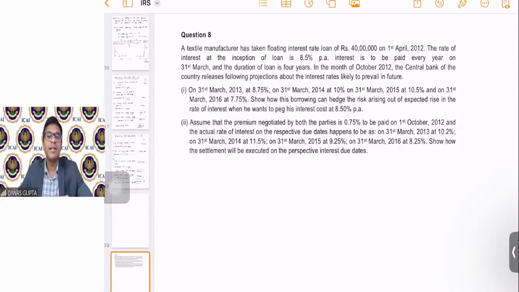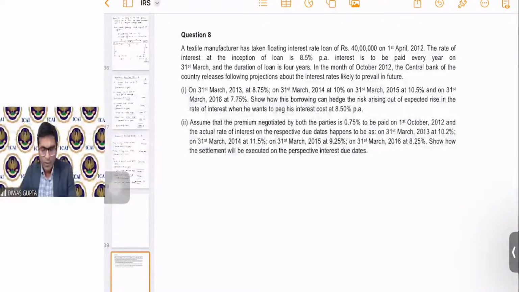Interest is to be paid every year on 31st of March, and the duration of the loan is 4 years, students. In the month of October 2012, the central bank of the country releases the following projections about the interest rates likely to prevail in future.